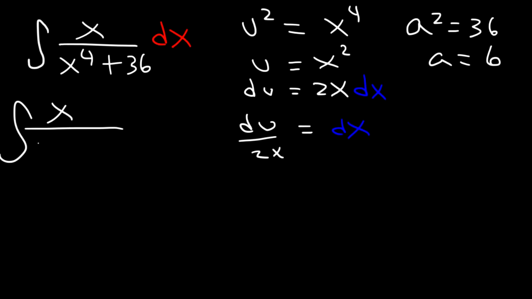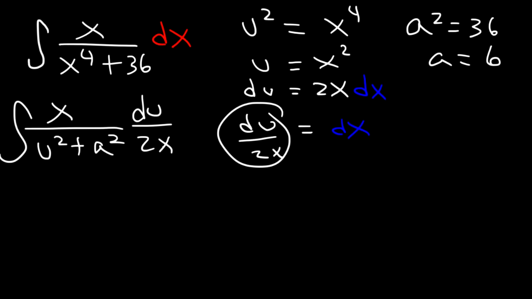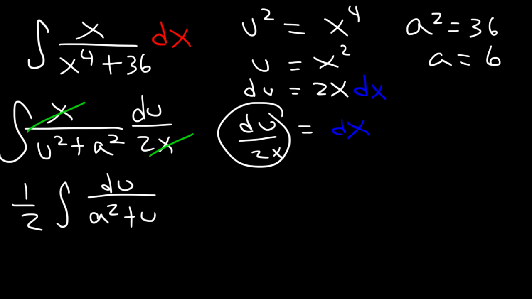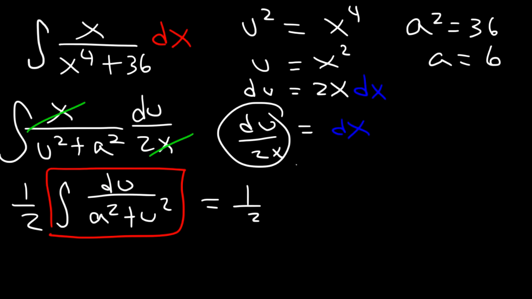Let's replace x to the fourth with u squared, 36 with a squared, and dx with du over 2x. So let's get rid of the x, and let's take the constant 2 and move to the front. So this is going to be 1/2 antiderivative du divided by a squared plus u squared, which is the inverse tangent formula. And so that part in red is equal to 1 over a arctan u over a plus c.